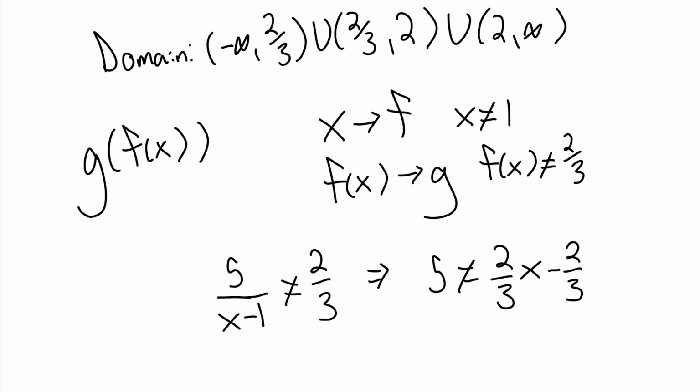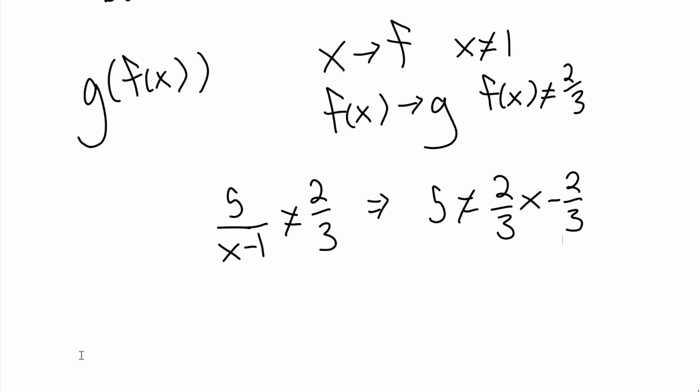Right, multiplying 2/3 by x minus 1 with the distributive property. We're going to add 2/3 to both sides here. 5 is equal to 15/3. So this is going to be 17/3 cannot be 2/3 x.